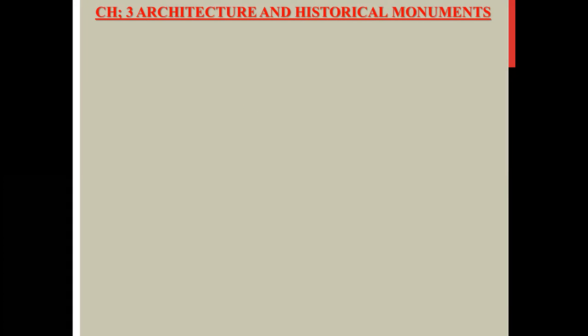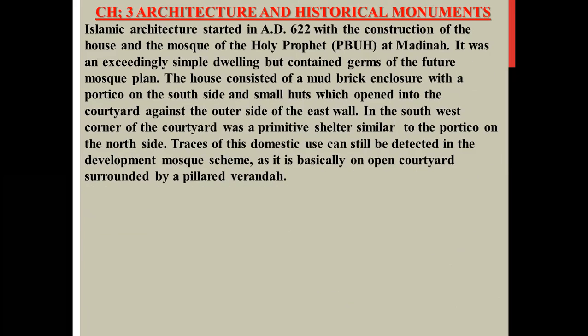When we want to construct a building, we make a plan, then we make the design of the building, and all those steps taken to make that building beautiful are known as architecture. We will study here about architecture, and especially Islamic architecture.